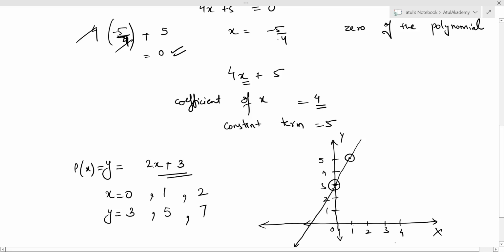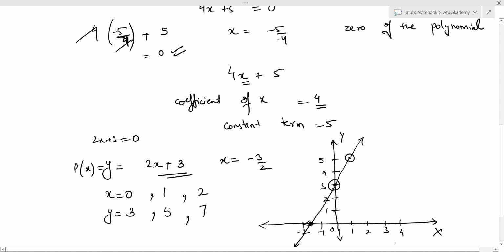If I produce my graph further, it will intersect the x-axis at this point. If you check, it is between minus 1 and minus 2. If I put 2x plus 3 equal to 0, x is minus 3 by 2, which is minus 1.5.